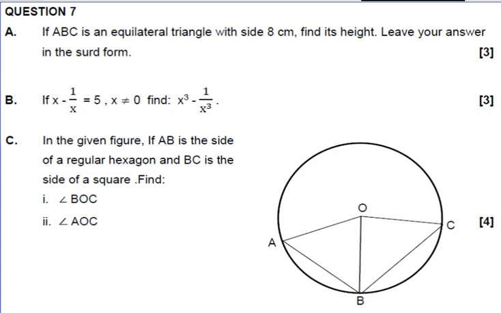Now when you go for next, I am going a little fast. I am just giving you the hint. You can take a screenshot and try by yourself. Quickly, area formula. So you know very well area is half base into height. So base is given, means side is given 8. So half base into height is root 3 upon 4 side square, because the formula of equilateral triangle area is this.